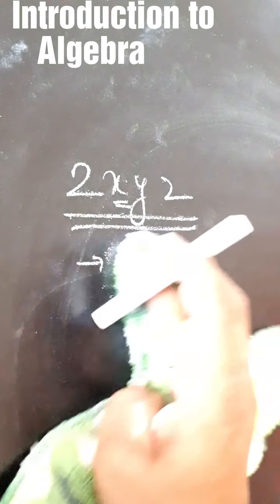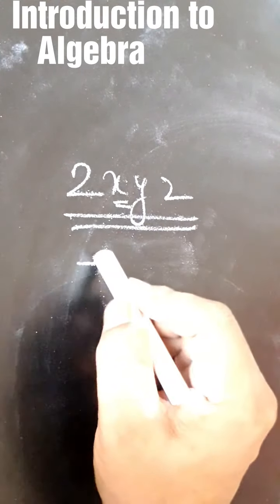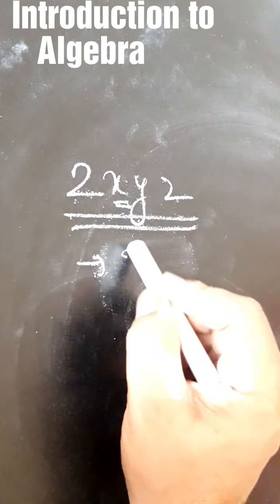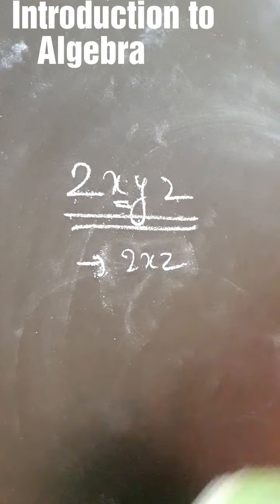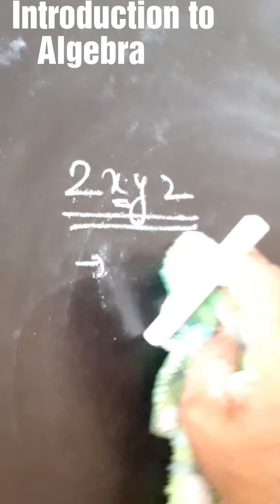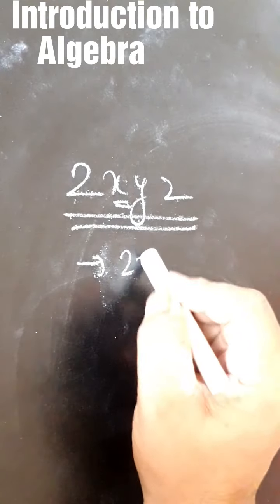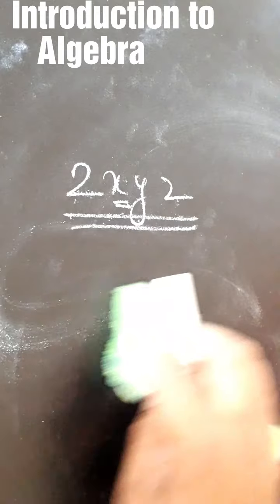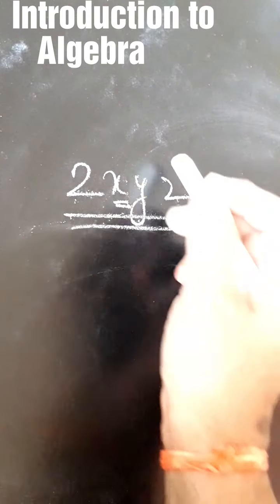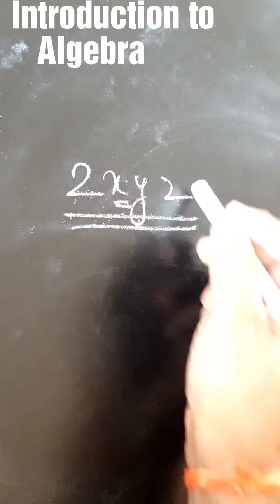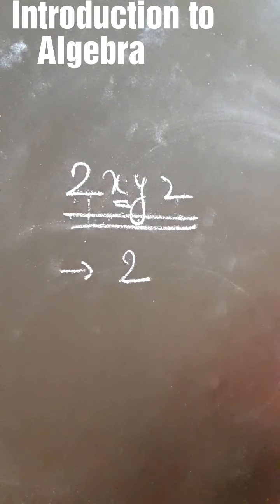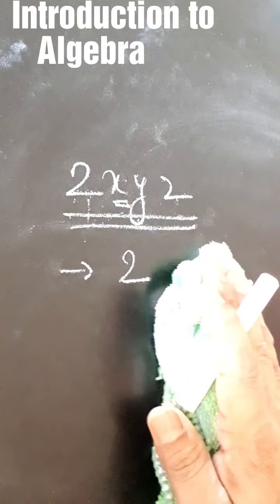If we are asked to tell the coefficient of y, then coefficient of y will be 2xz. Now, if it is asked to write the coefficient of z, then we will write 2xy. Coefficient of z is 2xy. And if it is asked to write the numerical coefficient of this term, then numerical coefficient of this term will be 2. In this way, we can write the coefficient and numerical coefficient of any term.